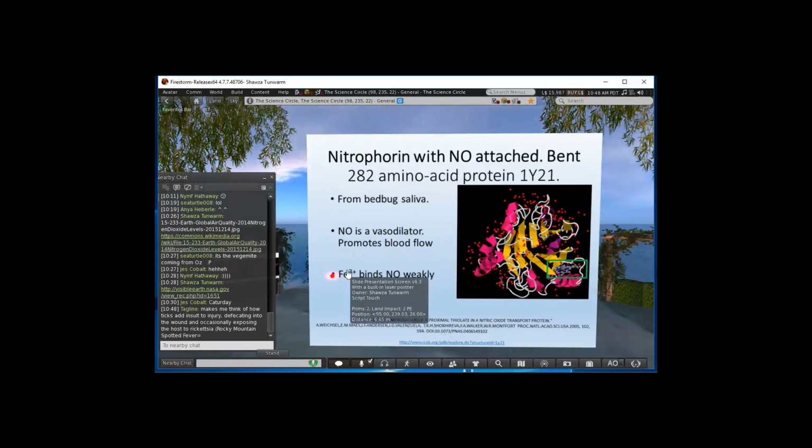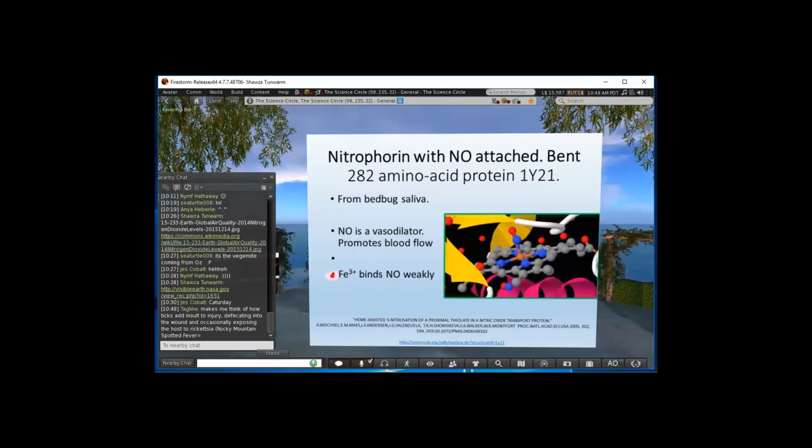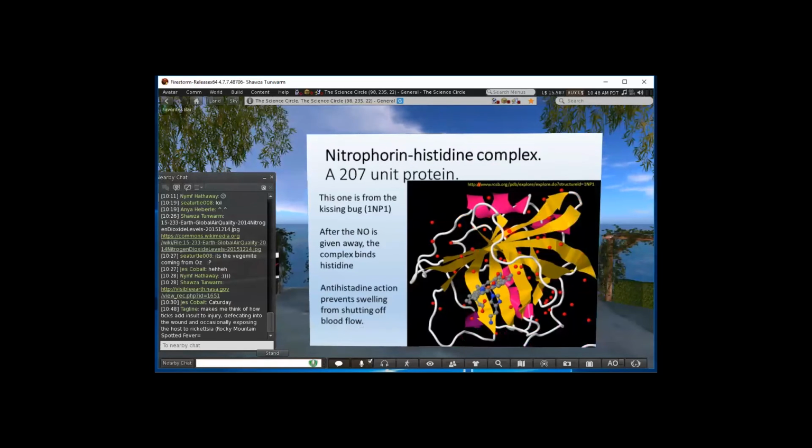And that's not the only thing that this molecule can do. Okay, so here's the view of the nitrophorin with the nitrogen and oxygen attached. Notice how it's bent. It can kind of come off fairly easily. After the NO comes off, the molecule binds histidine.